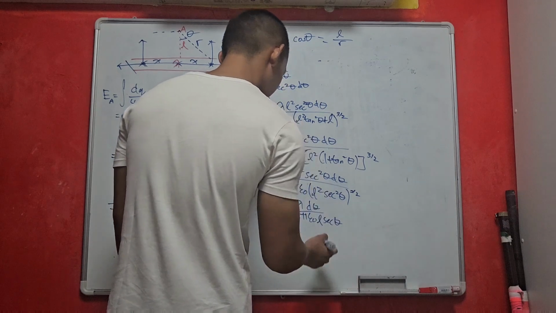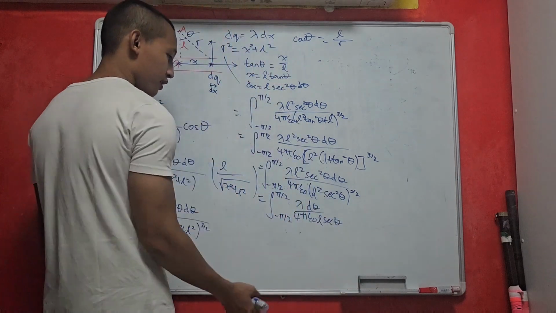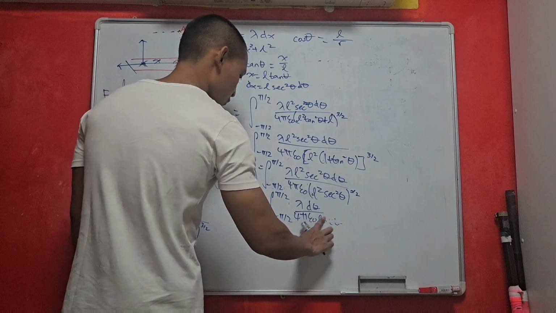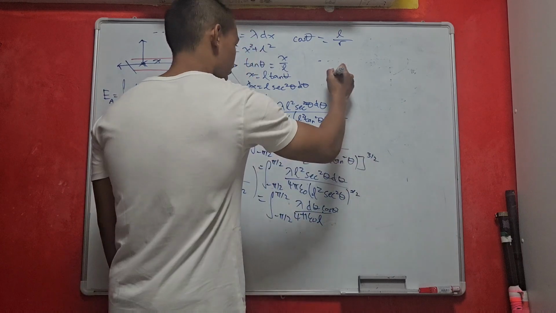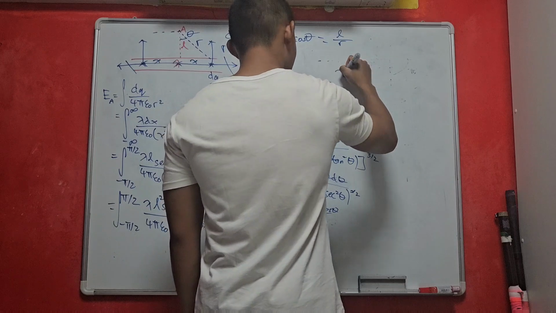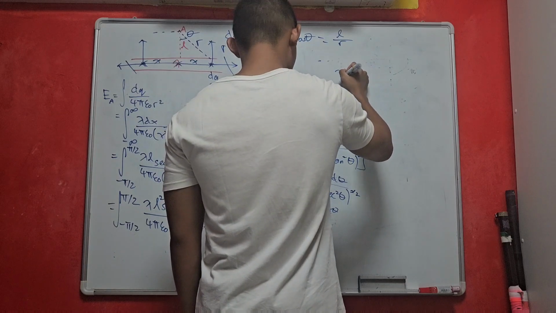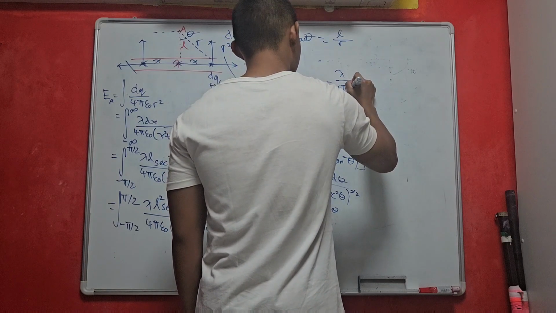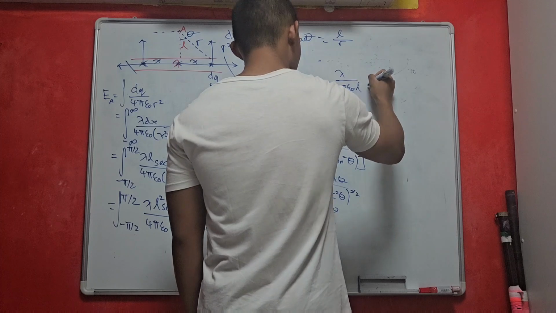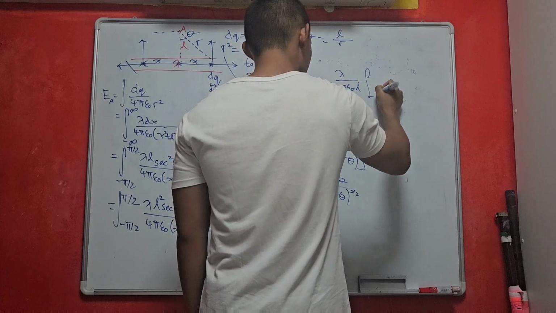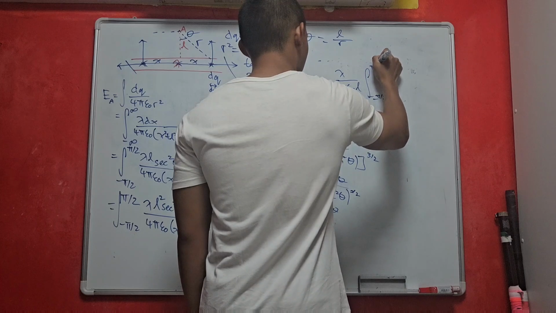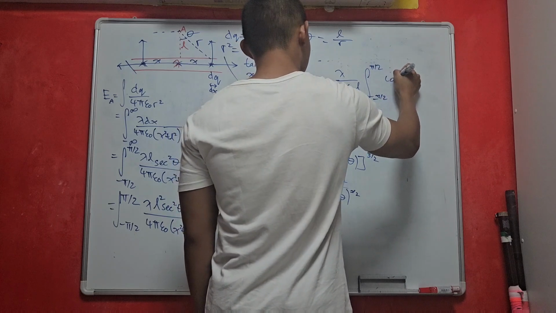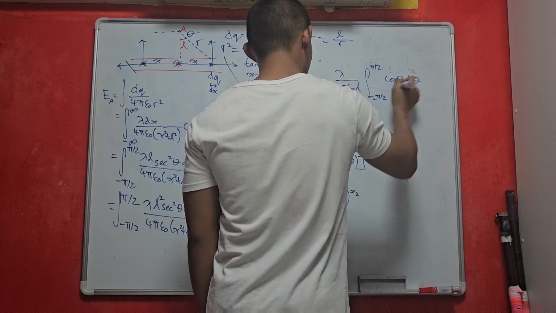And secant theta here is just one over cosine theta, right? So let's just move the secant theta up, so cosine theta. And this is basically just equal to lambda over 4 pi epsilon naught L integrated from negative pi over 2 to pi over 2 of cosine theta d theta.